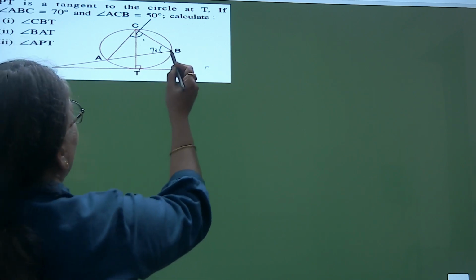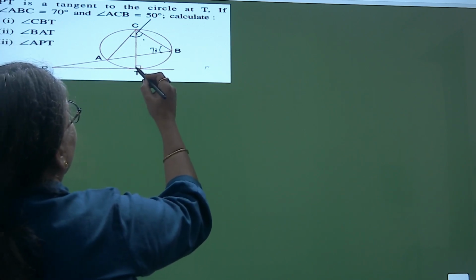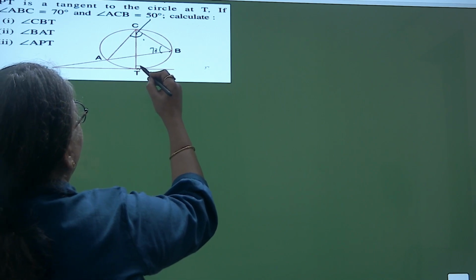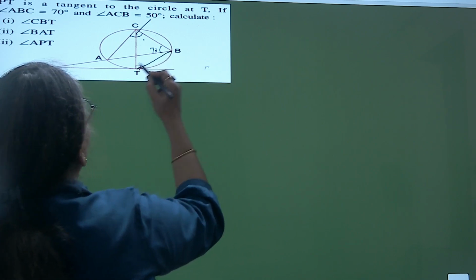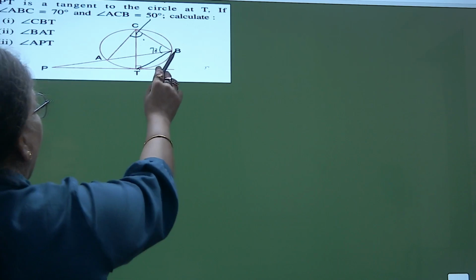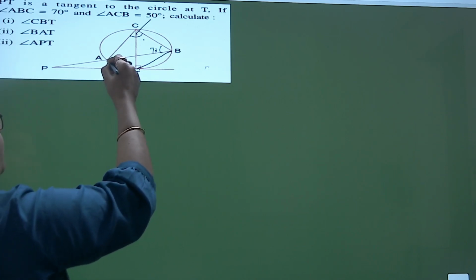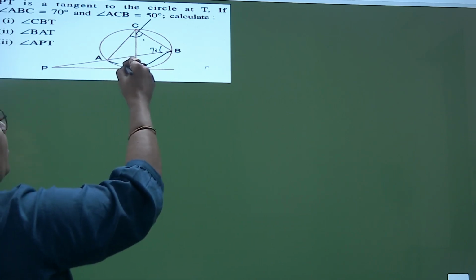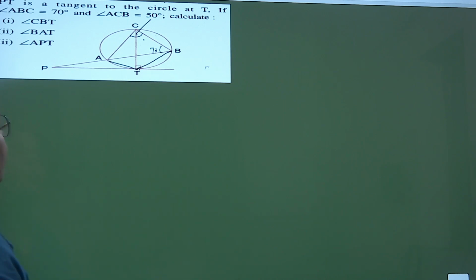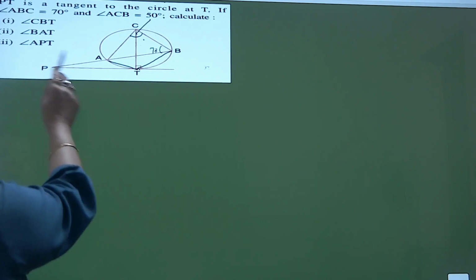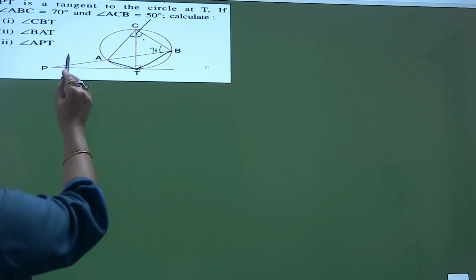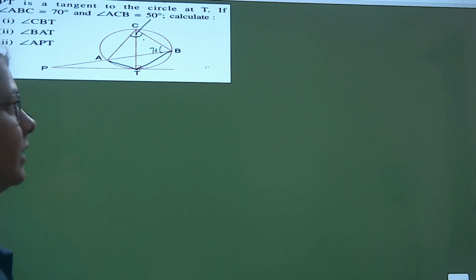For this, we have to join B to T. So let's join B to T, and angle BAT. For this also we have to join A to T. Then we have to find angle APT. This angle also we have to find.